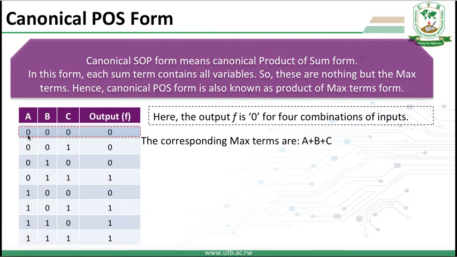Don't forget that. Since I'm teaching you POS, if the Boolean variable is 0, we write the variable itself. So B is 0, so B plus, then C is 0, then plus C.